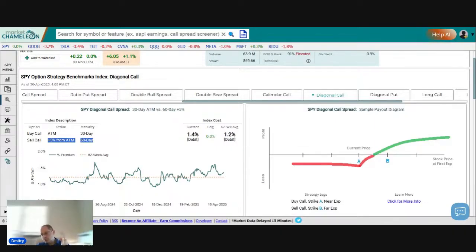And sometimes people may use this as an alternative to a buy-write strategy. In a buy-write, you're selling an option and buying the stock, so you're hoping that you collect that decay and the stock floats up a little bit. If the stock goes down, you're going to offset some of it by the call that you sold, but you have a delta. So if the stock keeps going down, you're going to lose on that stock purchase.